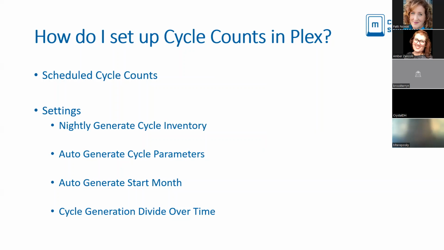Plex doesn't really know what inventory is in those locations or items or quantities to be able to divide by a quantity value. So if you do have multiple locations with different quantities, this may pull inventory in unevenly in the cycle generations. It could even cause some buildings to be counted completely before the end of the month.